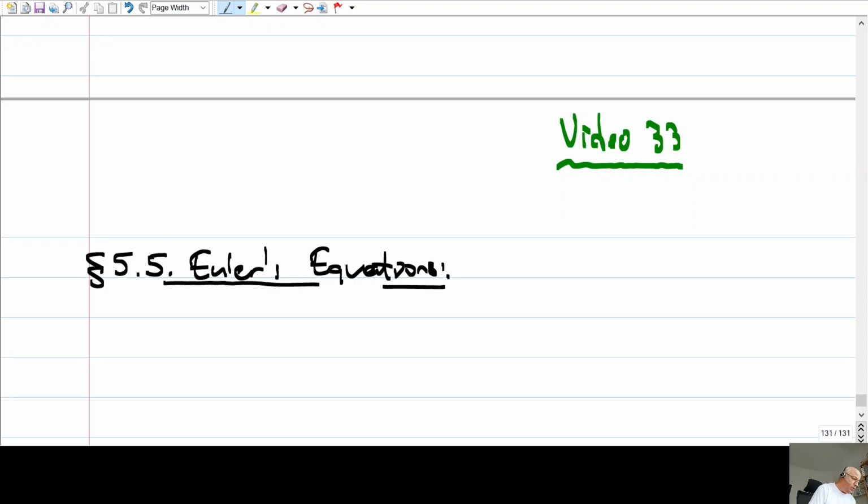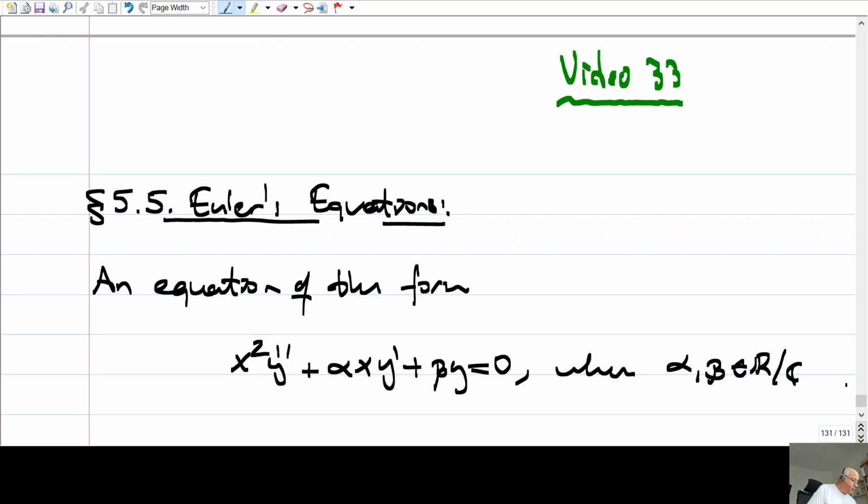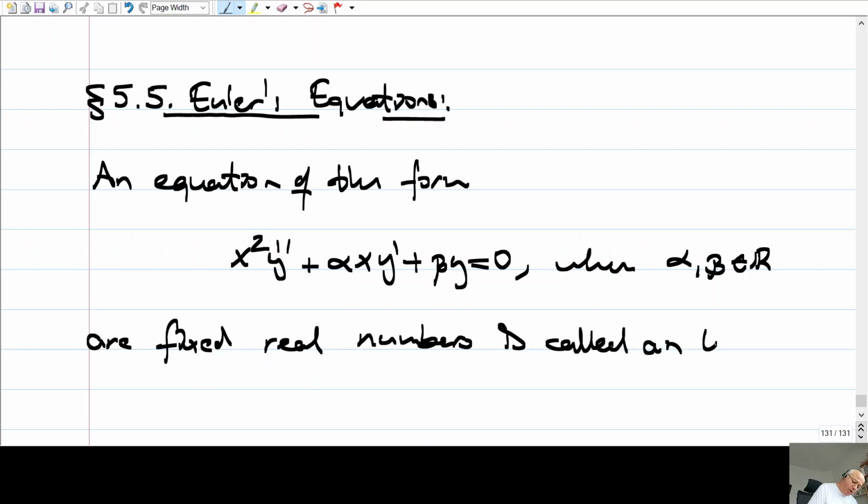It's an equation of the form x squared y double prime plus alpha x y prime plus beta y equals 0, where alpha and beta are fixed real numbers, is called an Euler's equation.